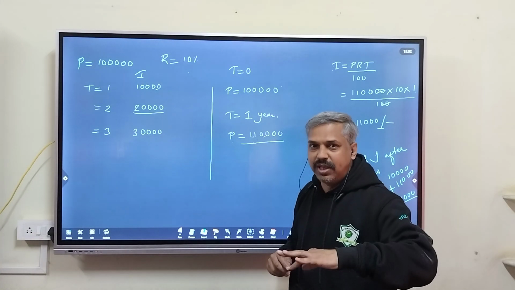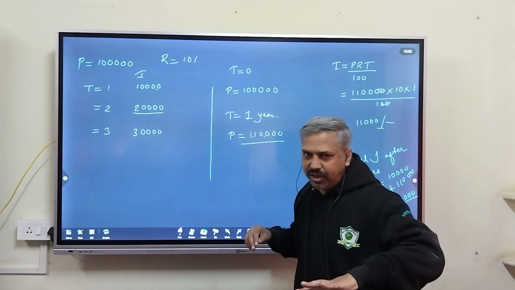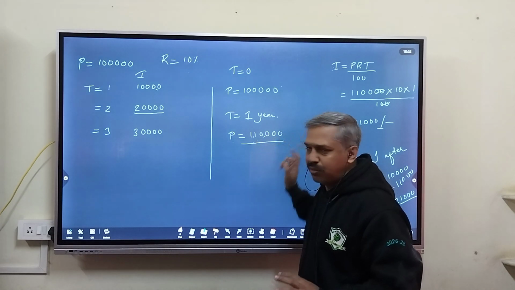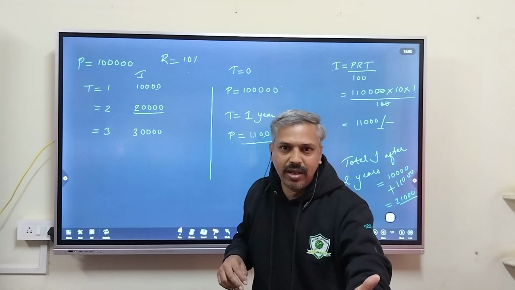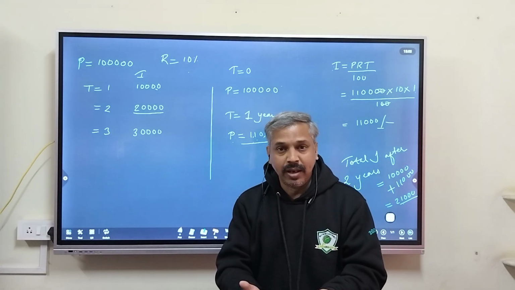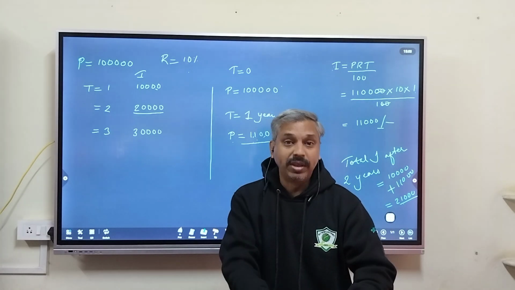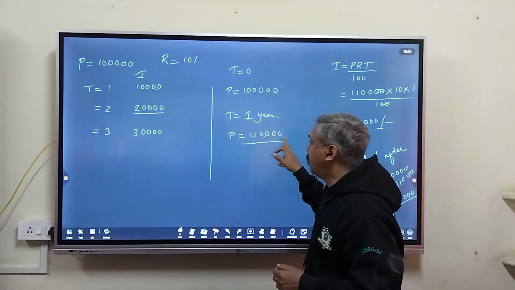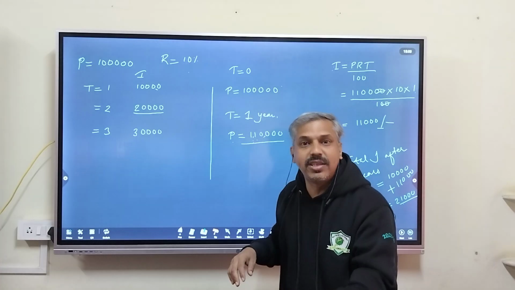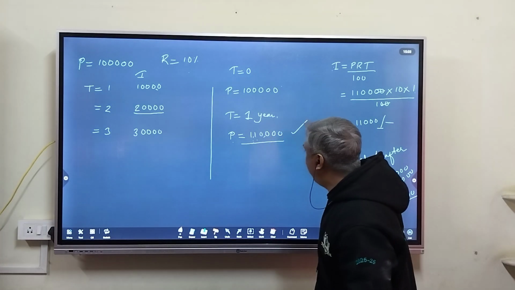He said, no, you are missing the point. Now, at the end of 1 year, the amount is 1,10,000. This is the money that I have given you. How much money do you owe me now? 1,10,000 rupees. So for the next year's calculation, this will become your principal.